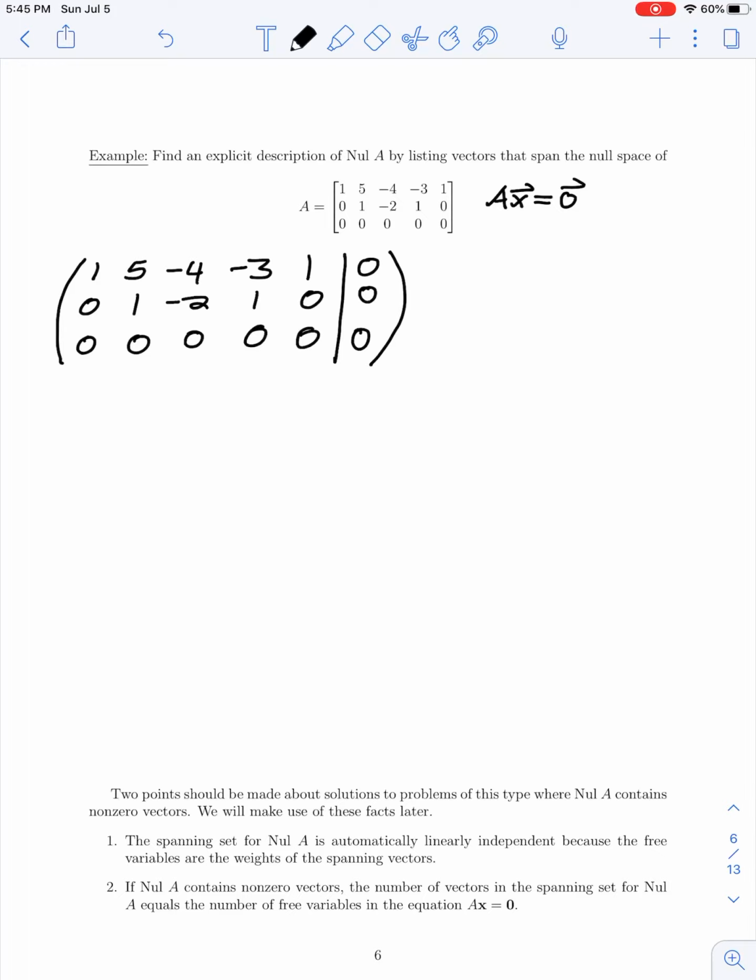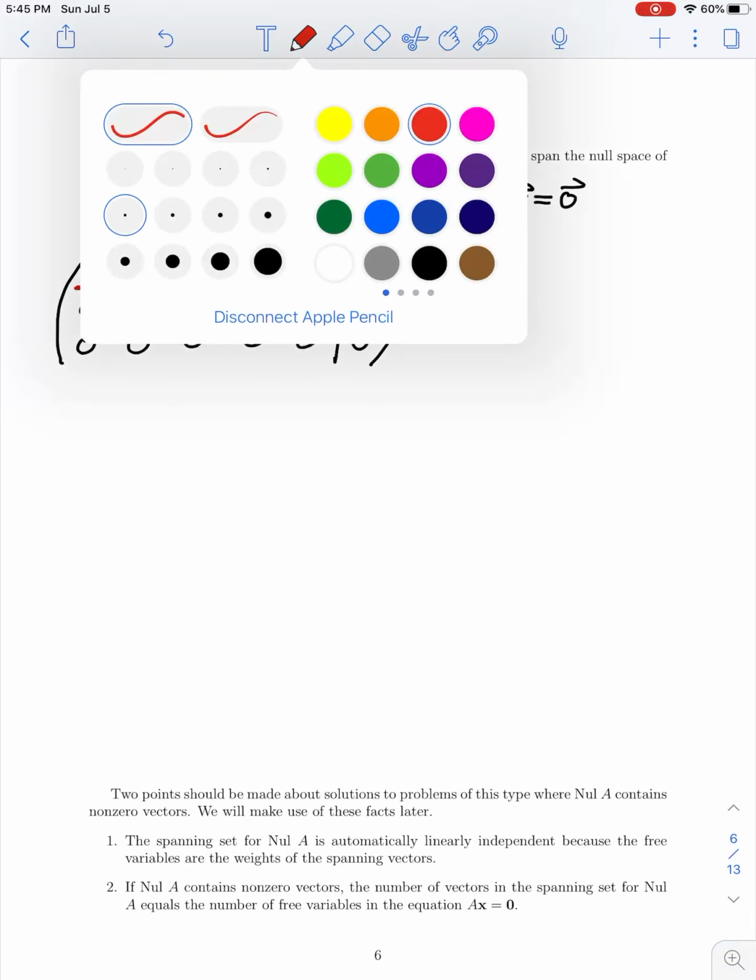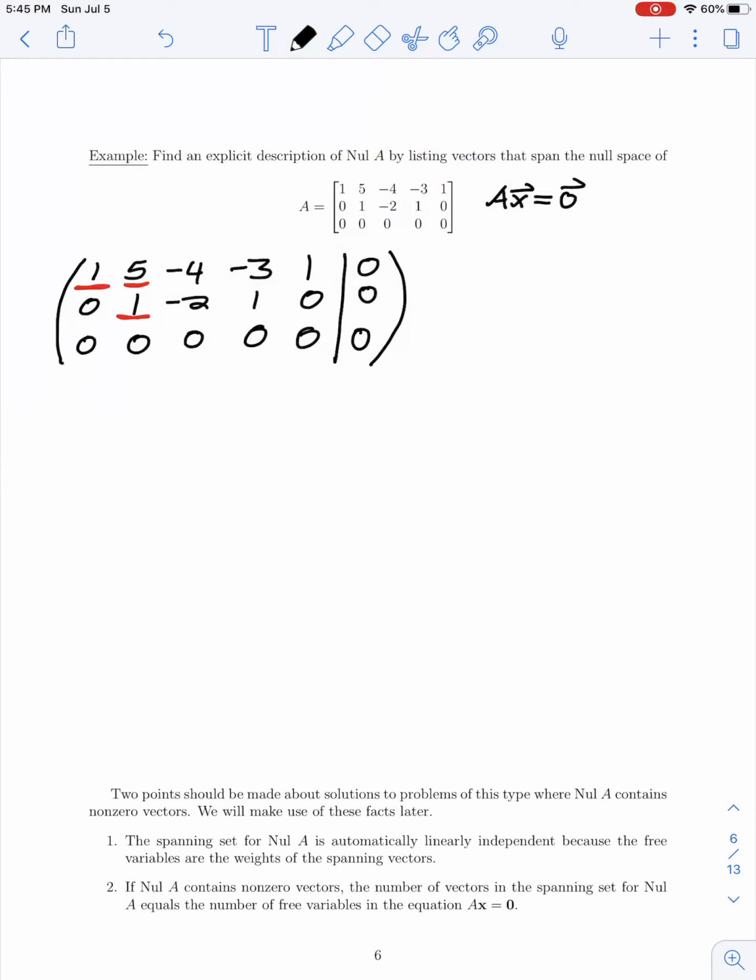Performing row reduction on this, our first row has a leading entry of 1 with zeros below it. Our second row has a leading entry of 1, which we could use to eliminate the positive 5 that appears above it. So our row operation here would be to take row 1 minus 5 times row 2.